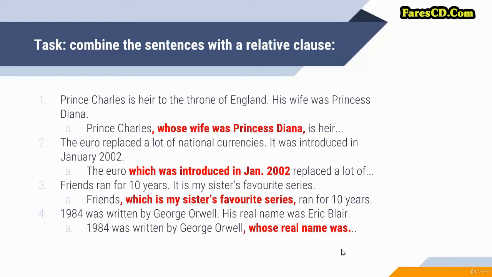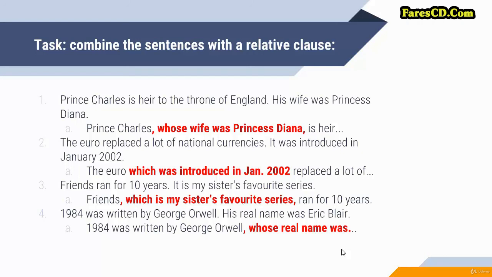Friends ran for 10 years. It's my sister's favorite series. So here we decide that the main information is that the serial movie ran for 10 years, which means that the information about my sister's tastes is kind of irrelevant.